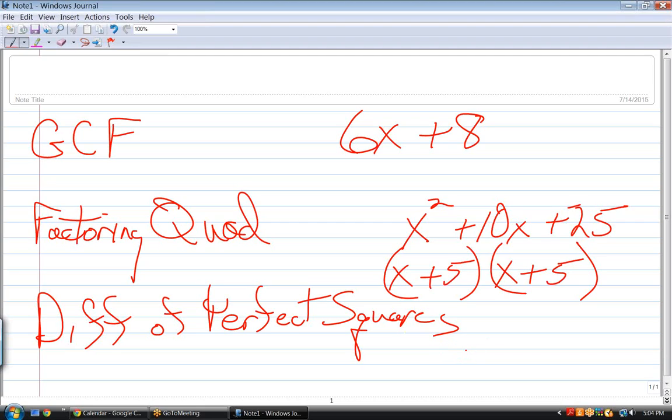Okay, and difference of perfect squares might be something like that. In other words, that's a perfect square. That's a perfect square. They're being subtracted, so it's the difference of perfect squares. How does that factor?